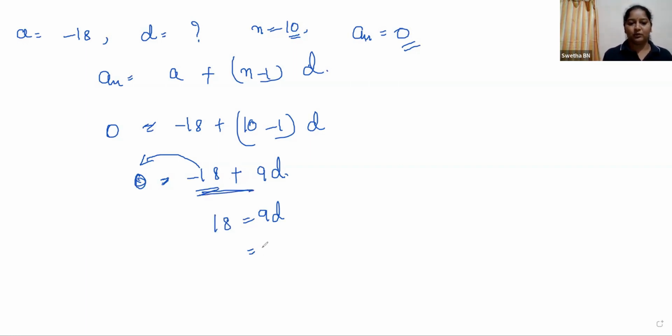Now we have to find out D. Which sign do you have between the number and the variable? We have a multiplication sign. So I'm going to transpose this 9 to the left-hand side. Where does it go?